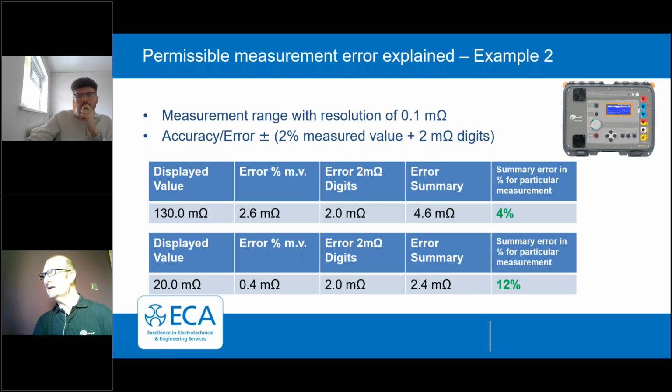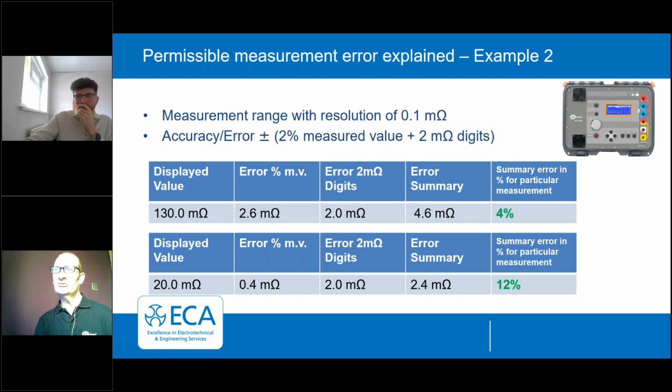So if we look at this second example where we have an instrument with a resolution of 0.1 milliohm, we can again see that we've got a percentage accuracy of 2%. And when we're looking at higher measurement instruments, it's still a fixed digit error, but in this instance it's a 2 milliohm digit error.